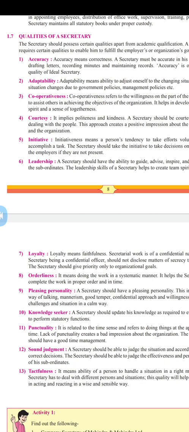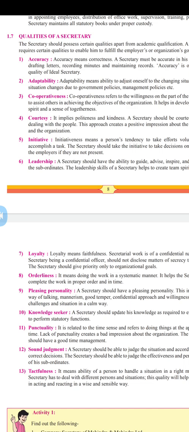He should have the knowledge about the mails, how to reply to the mails, how to collect the mails, and he should know about the different things related to the acts. This is the way he collects the knowledge. This is also an important quality of the secretary.